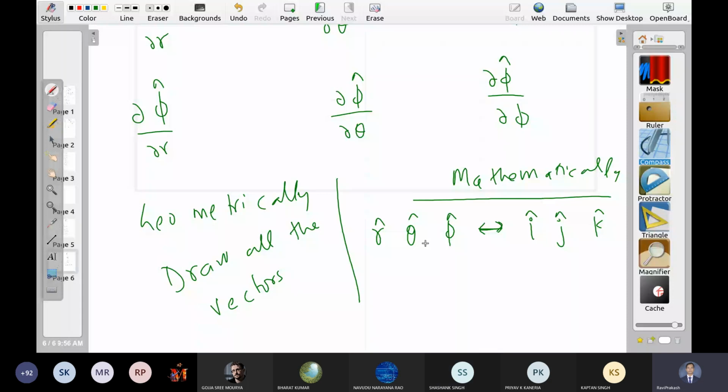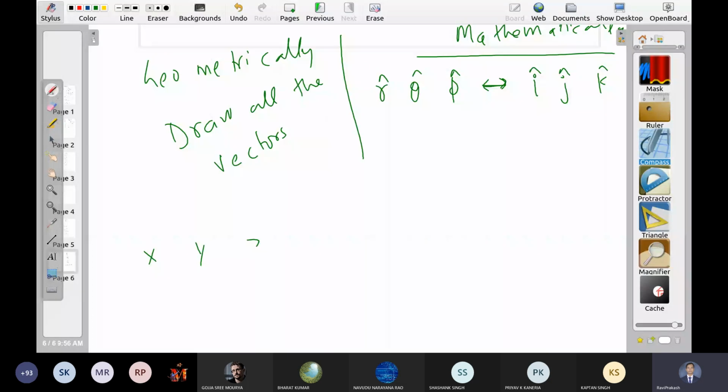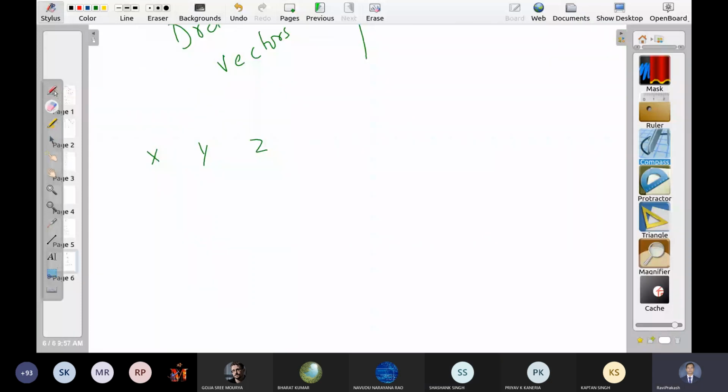Or let me again draw the same structure. On this side we have xyz and ijk. And on this side we have r, theta, phi, and r cap, theta cap, phi cap. These connections are also known to us, right?